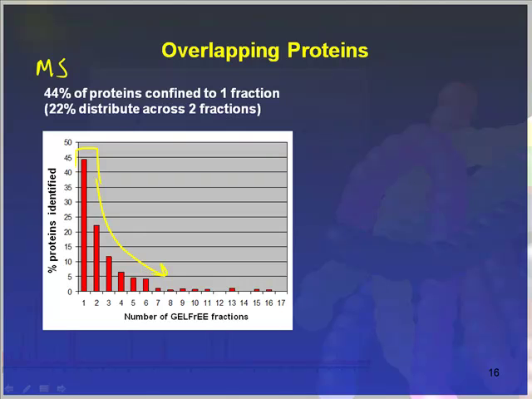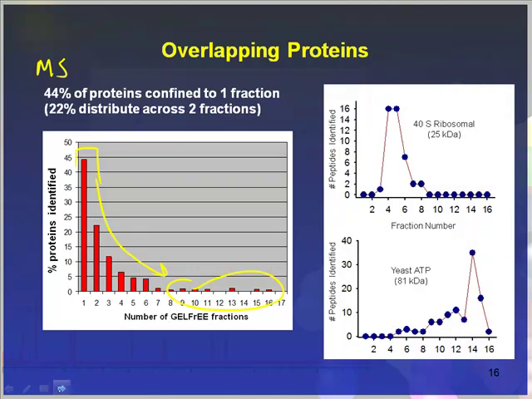Now, it's kind of interesting to point out that we do see proteins that are spreading amongst a large number of fractions. And to explain that, we can look at those proteins, and if we take the number of peptides as some idea of the quantitation of proteins, the abundance of proteins in a given fraction, you can see when you plot the abundant proteins, so yeast ATP identified with up to 40 peptides in a single fraction, we see it where we'd expect it.